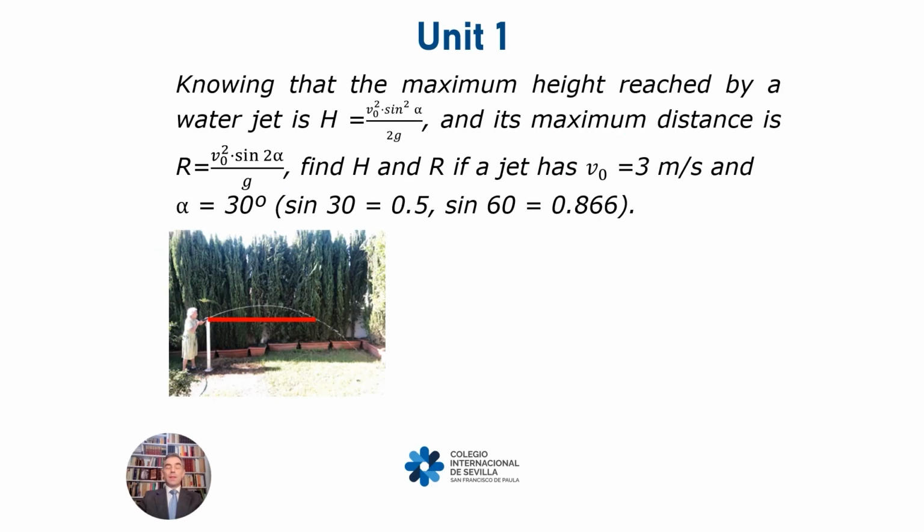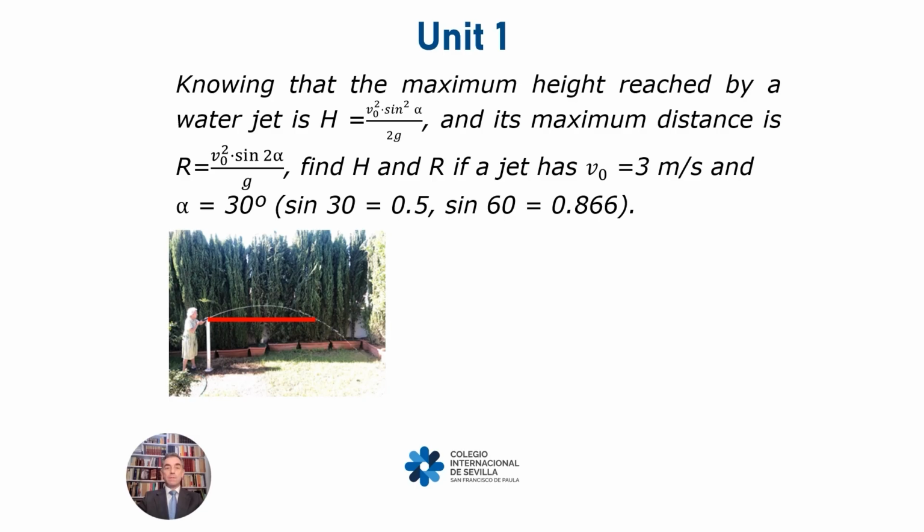We know that the maximum height reached by water jet is symbolized by capital H, and it equals the square of the initial speed times the square of the sine of alpha, the initial angle, divided by 2 times the value of gravity.